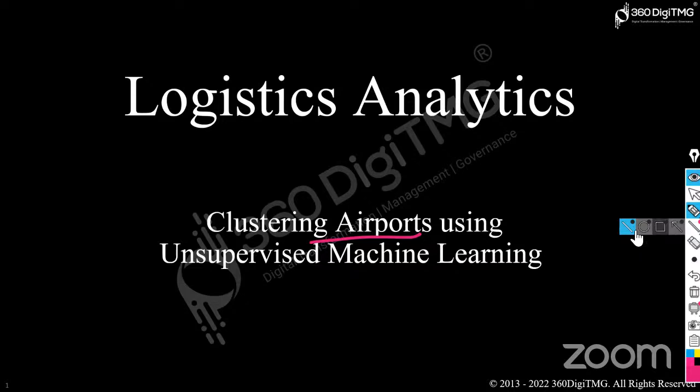And when we do the hands-on, we will look at the code as well, and how we are able to look at the elbow curve. In this logistics analytics domain, we will be able to cluster the airports. Here we are clustering the airports.